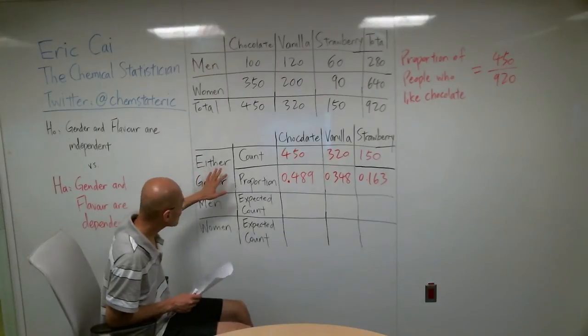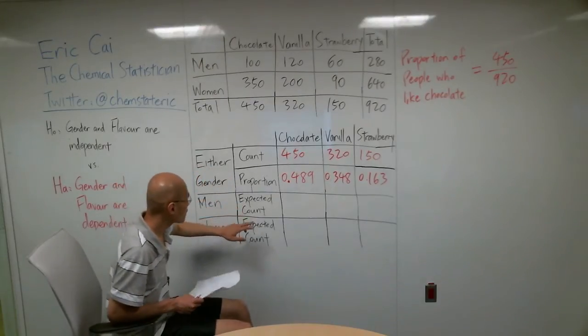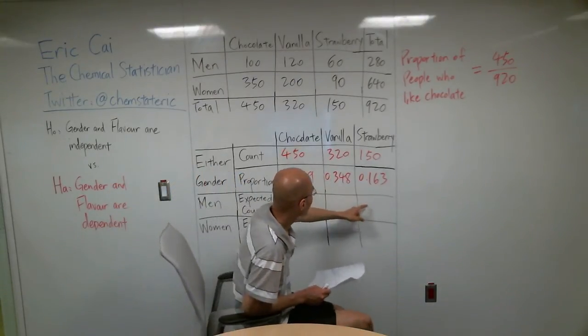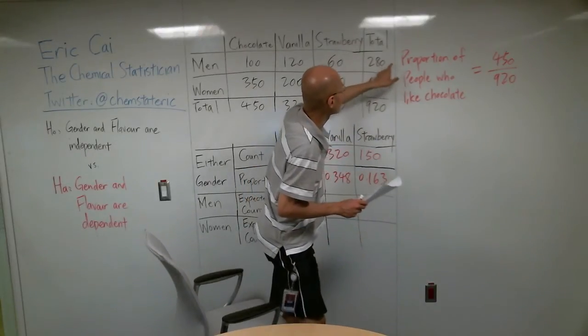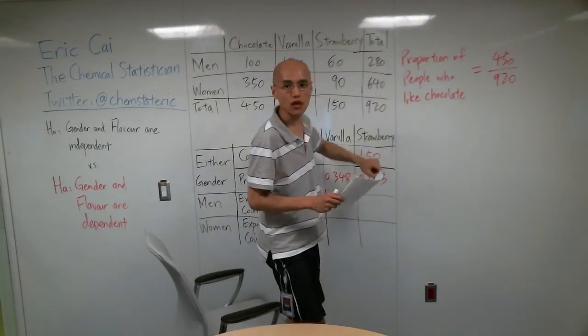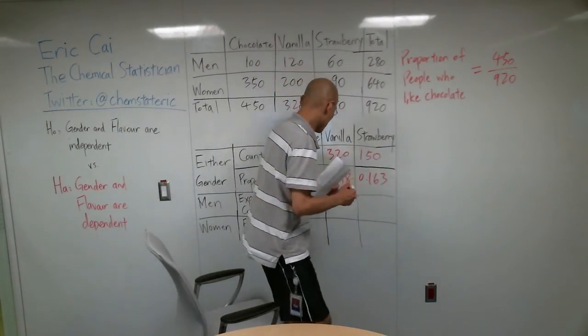Now, applying that null hypothesis, we can figure out the expected counts by multiplying these proportions by the totals of the individual genders.